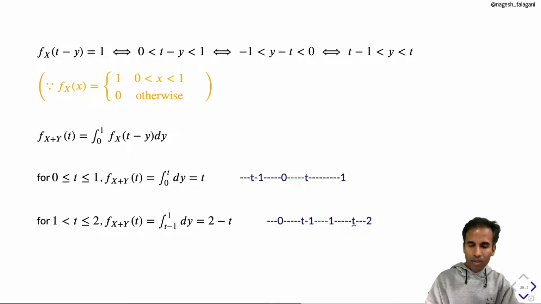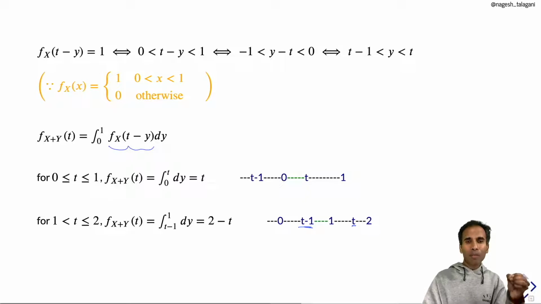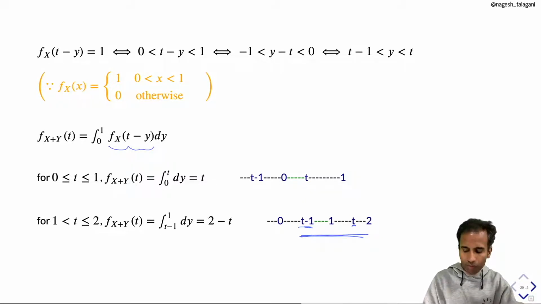Okay, fine. Next, case 2: for 1 < t ≤ 2, that is, when t is between 1 and 2 like this, t − 1 will be between 0 and 1 like this. Here is the t − 1. And we know that this integrand fX(t − y) = 1 if and only if y is between t − 1 and t, that is, in this range, right? And our interval of integration is 0 to 1.